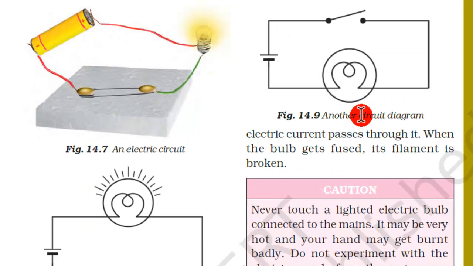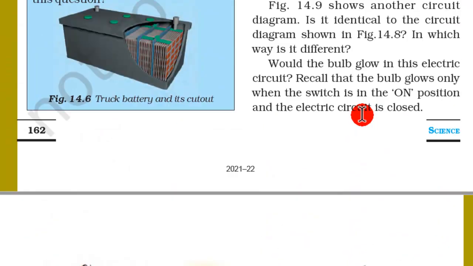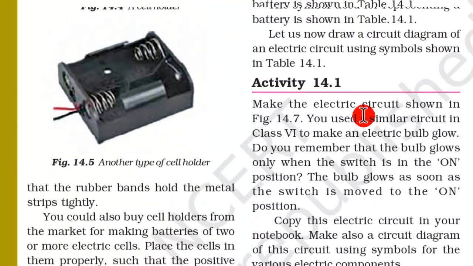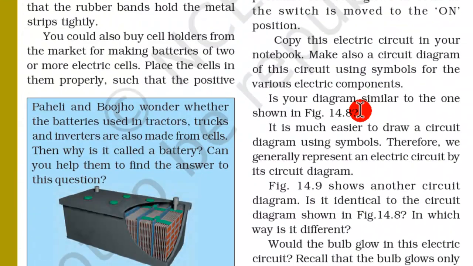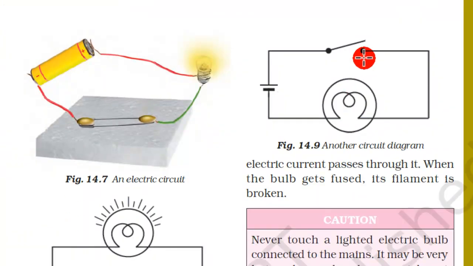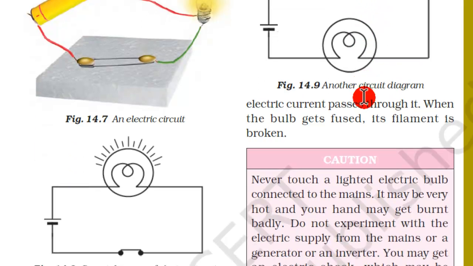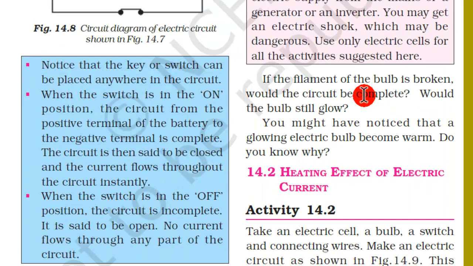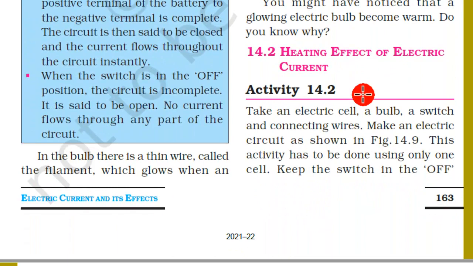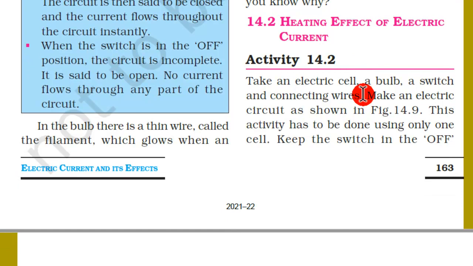And after making an arrangement like this, when we touch the wire, we will feel a little hot, and for this also we will not touch the wire for a long time, since it may burn our skin.